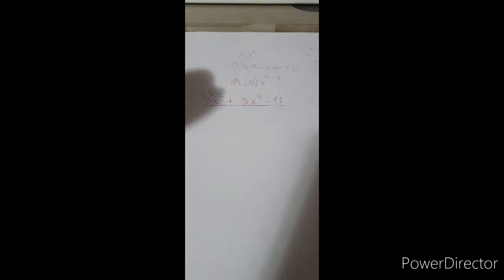Well, first, let's remember the derivative formula, where ax^n is going to turn into a times n times x^(n-1). Let's do it, starting with 3x^7, which by the derivative is going to be 3 times 7 x^(7-1).